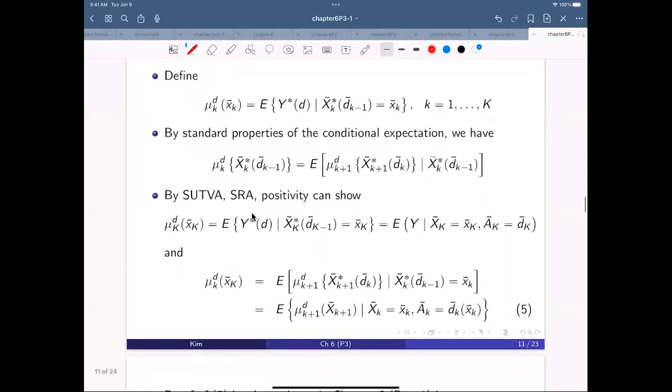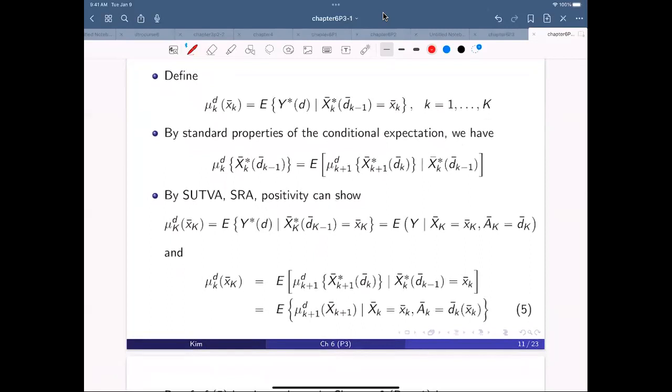And now it's the same problem. So now the question is how you can express this. This is a potential outcome regression problem, and now you want to translate it in terms of the observed data. For capital K, no problem, right?